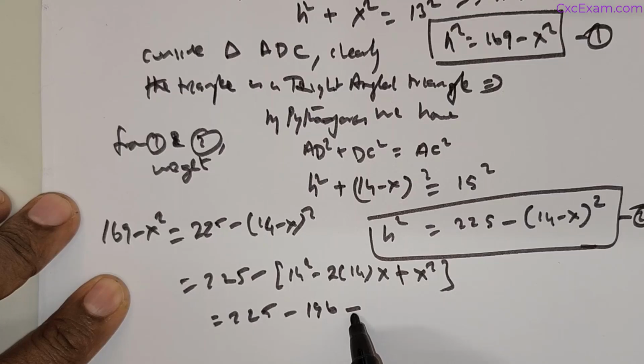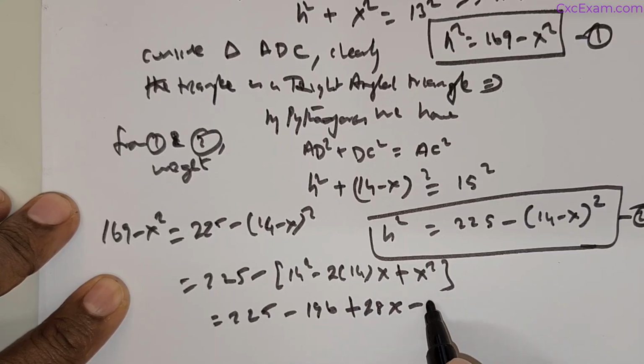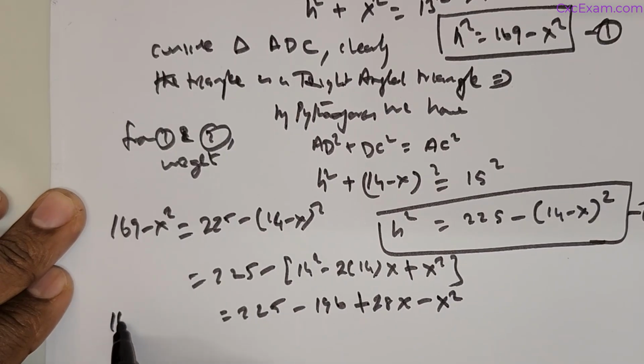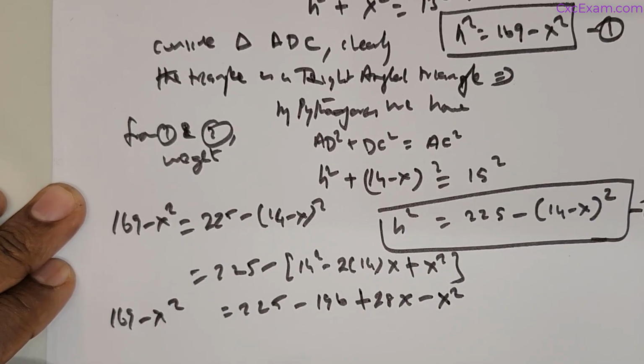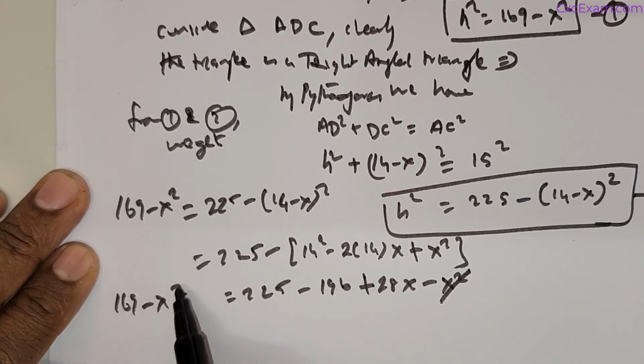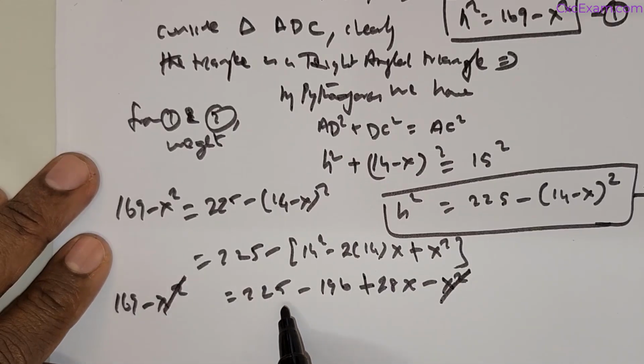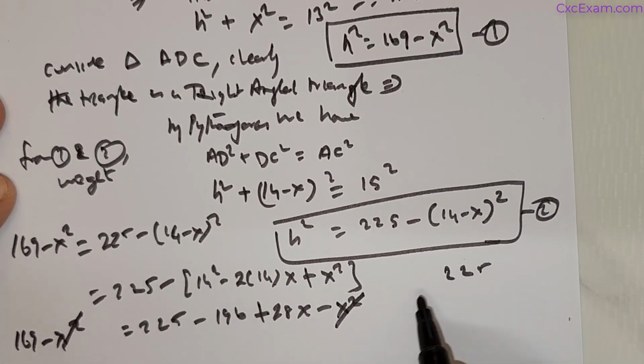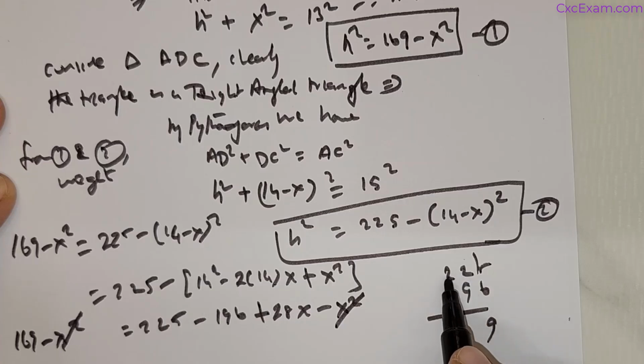This is 28, so positive 28X, and this is going to give me negative X squared, and you have 169 negative X squared. So negative X squared, when this comes it will become positive, so you cancel these two. So you have 225, and from 225 you take away 196, so this will give you 29.